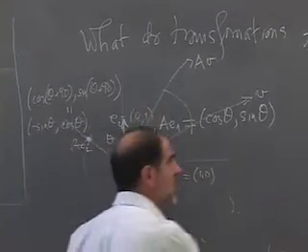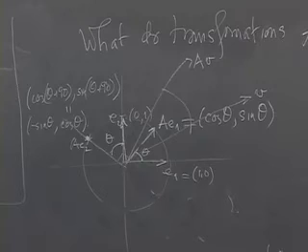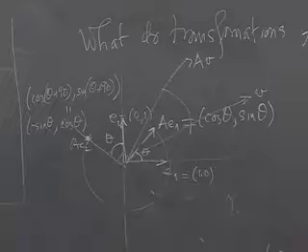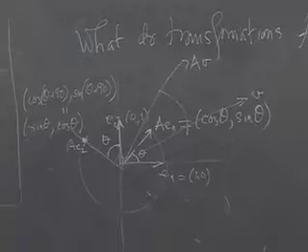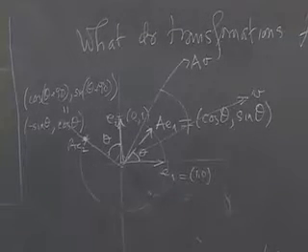So in particular, we have an isomorphism here between two groups that you know. So we get an isomorphism of groups.